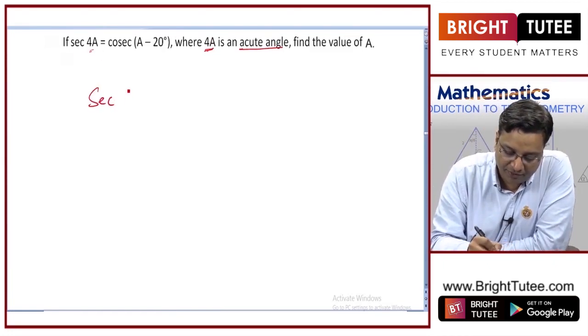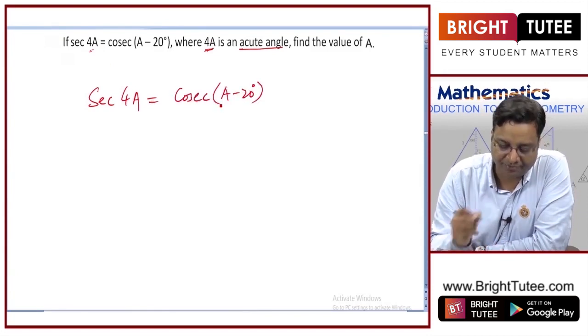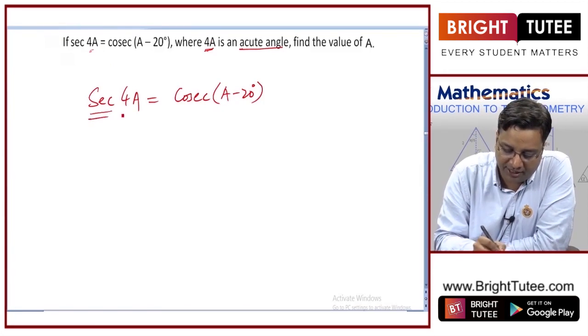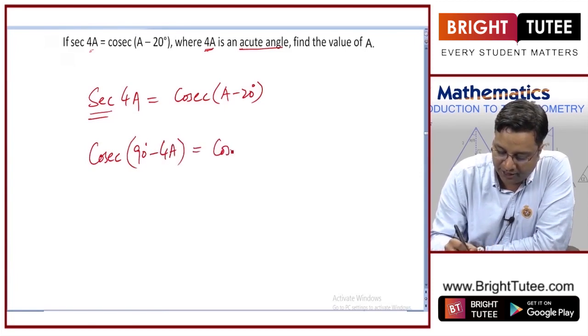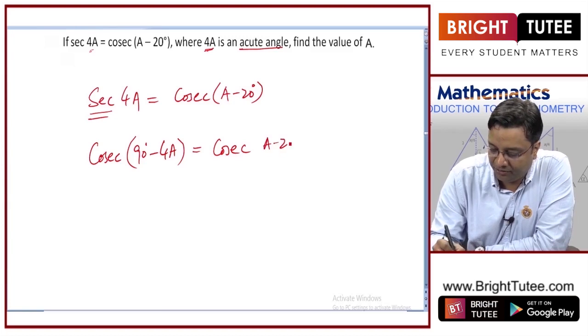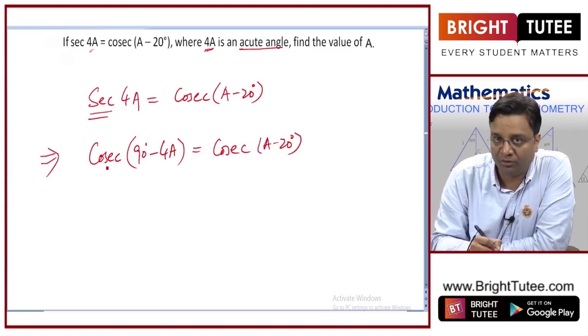Given is sec 4A is equal to cosec(A minus 20 degrees). Now we know that sec 4A can be written as cosec(90 minus 4A), which is equal to cosec(A minus 20), because secant gets converted into cosecant by using complementary angles.